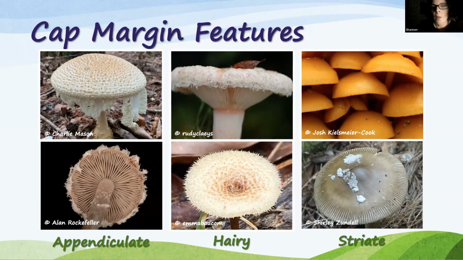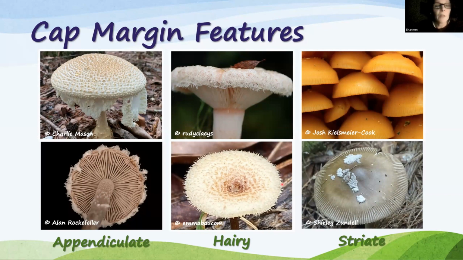And another common type of margin feature to be aware of are lined or striate margins. These sorts of margins have surfaces marked with parallel lines, which typically correspond to each gill on the underside of the pileus.